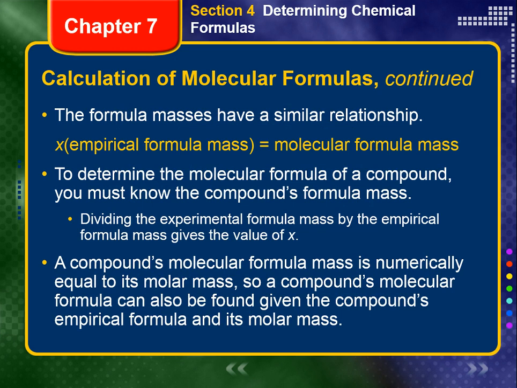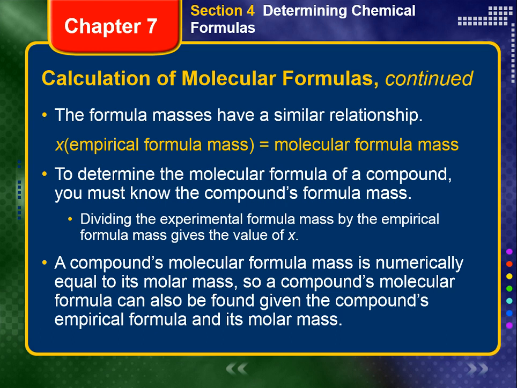The number represented by x is a whole number multiple, indicating the factor by which the subscripts in the empirical formula must be multiplied to obtain the molecular formula. The value of x is sometimes 1. The formula masses have a similar relationship: x multiplied by the empirical formula mass is equal to the molecular formula mass.